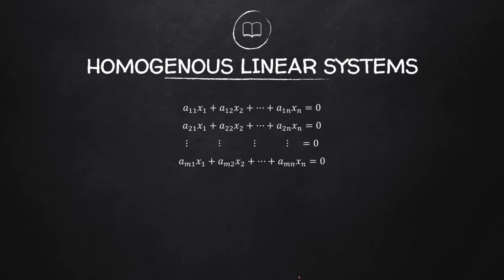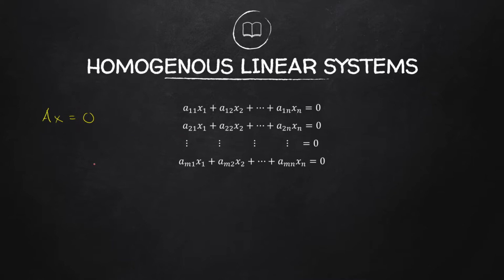In matrix equation, this can be written as AX equal to 0, where A here is the coefficient matrix and X is the column matrix for the variables, and 0 is the column matrix for the sum of the linear system.